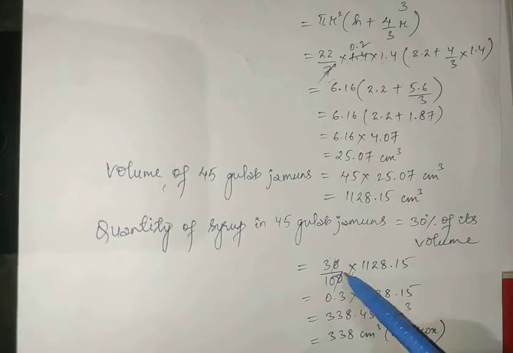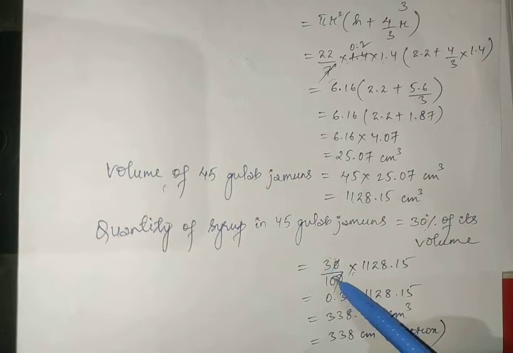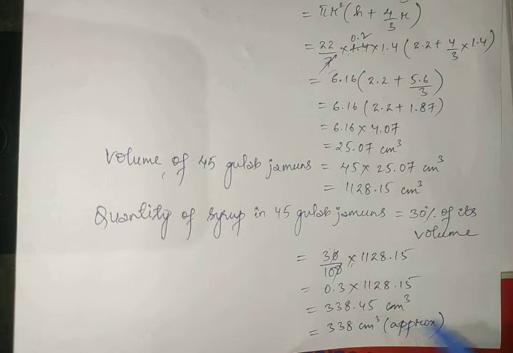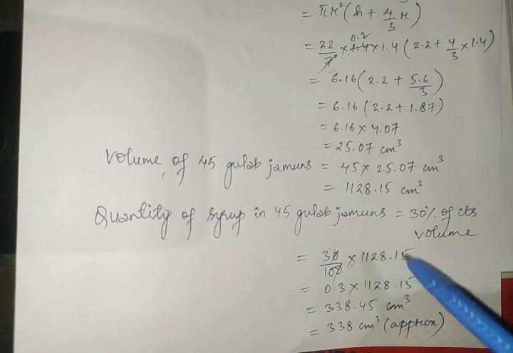Here we can cancel 0 0, then 3 by 10. When you divide 3 by 10 you will get 0.3, into 1128.15. When you multiply you will get 338.45 cubic centimeter, or we can take approximately 338 cubic centimeter. So this much quantity of syrup is contained in 45 gulab jamuns.